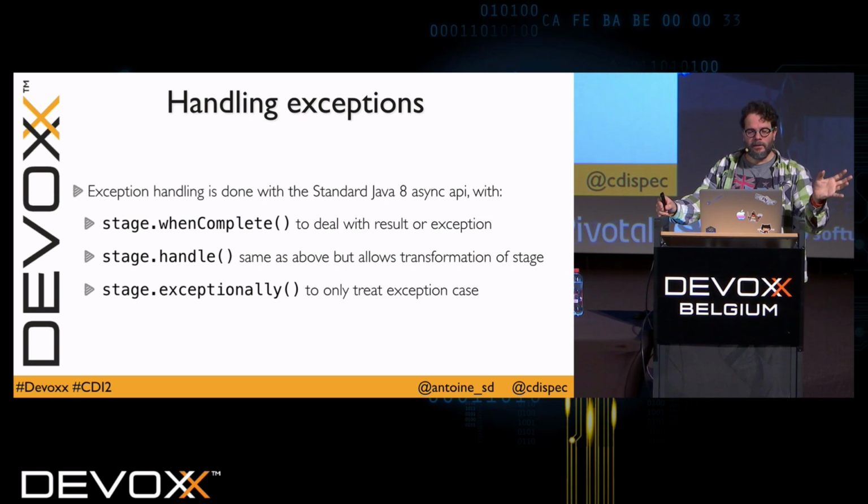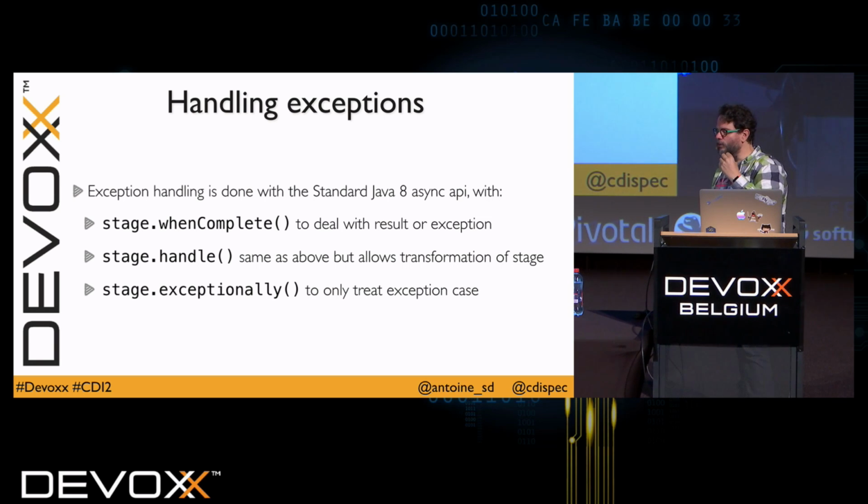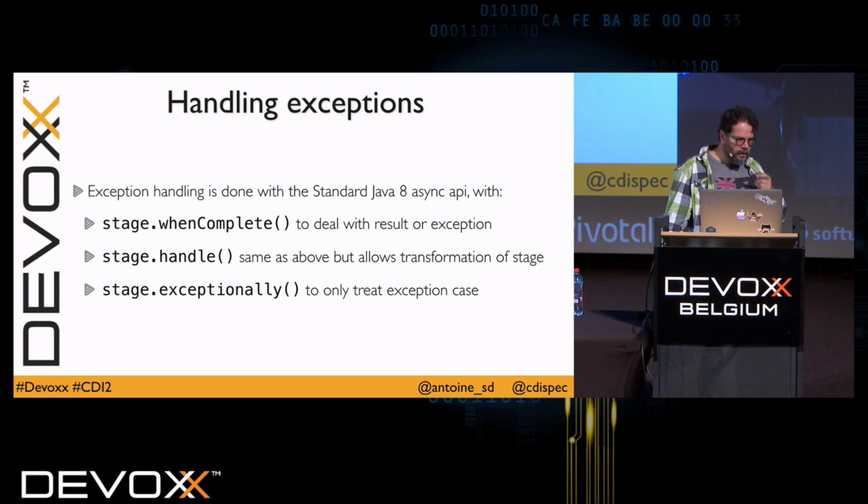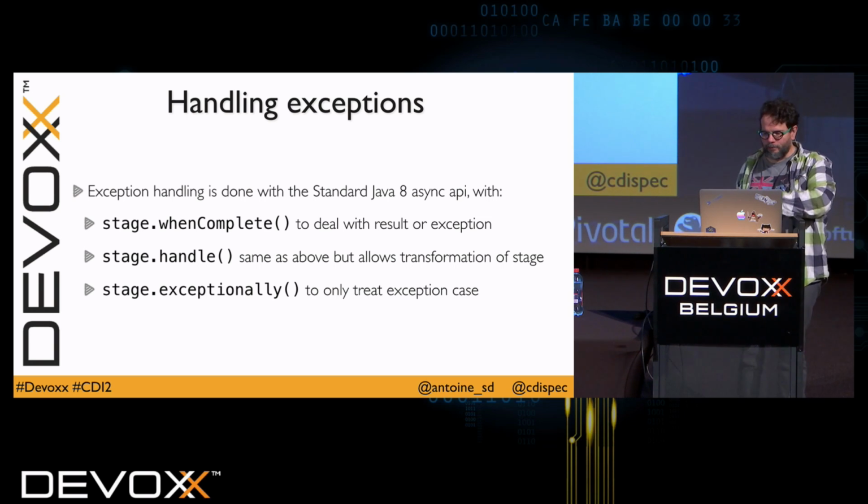You can do the handle. It's quite the same, but the big difference is that it allows you to transform the stage and to say, okay, there was an exception, but I'm doing something else. I want to transform the stage as it's done. Or you can go for an exceptionally, and you are only treating the exception at the end, and you treat only this exception case and not a success.